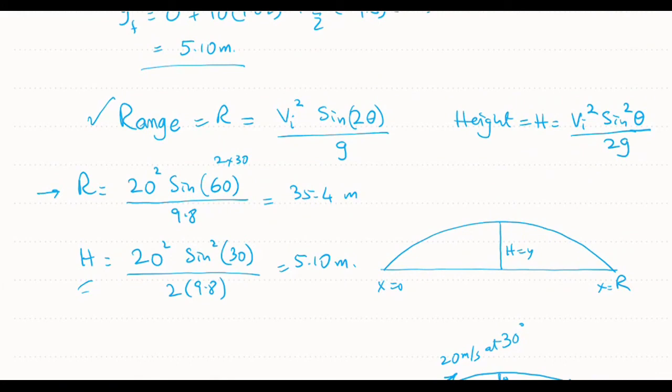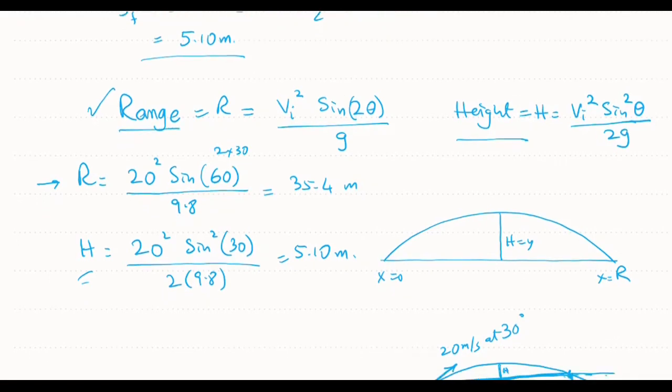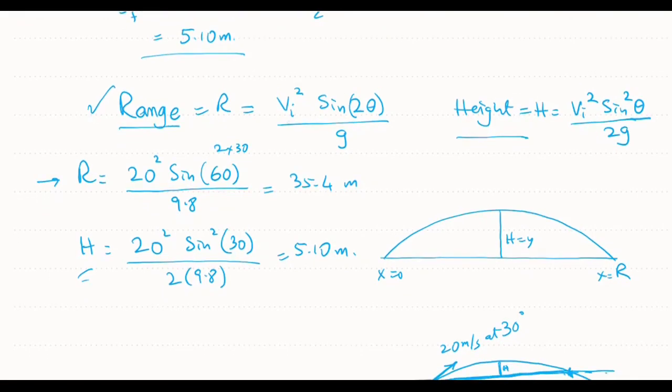Now, using the range equation and the height equation, we can see that for a given velocity the range is maximum when sine 2 theta is maximum, and that will be for sine 90, which means theta is 45 degrees.